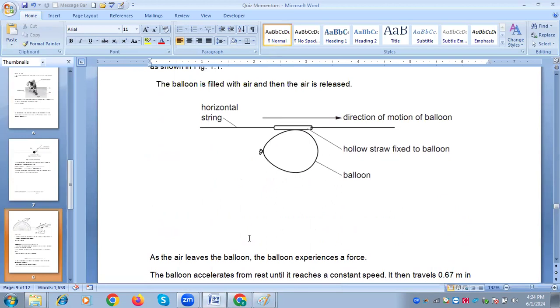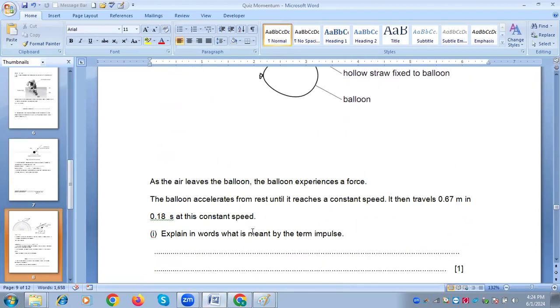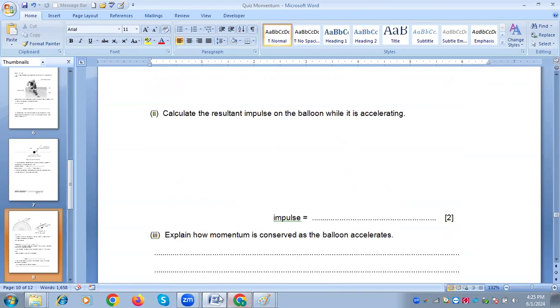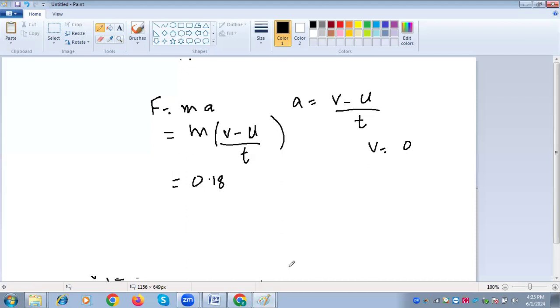This is the time. The mass is 15 gram. So gram is to be converted into kilogram. Don't forget converting it. 0.015.